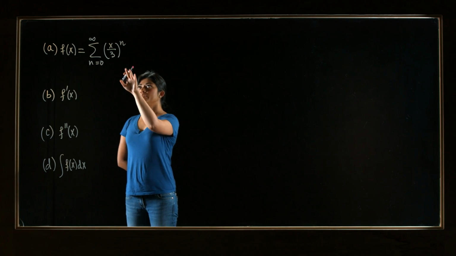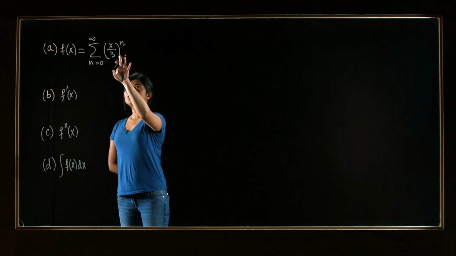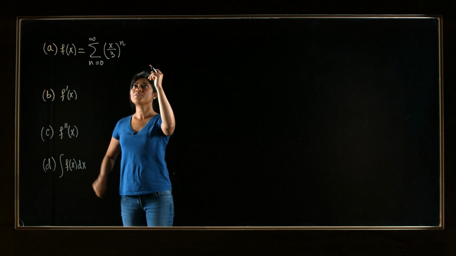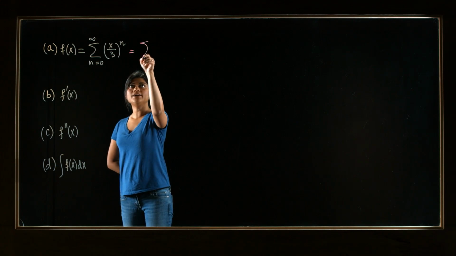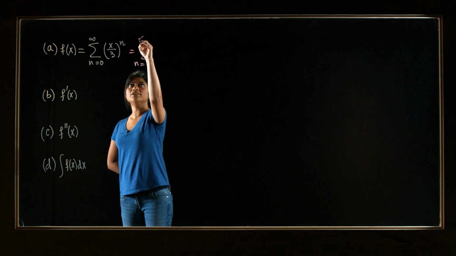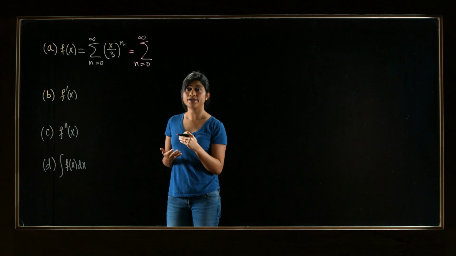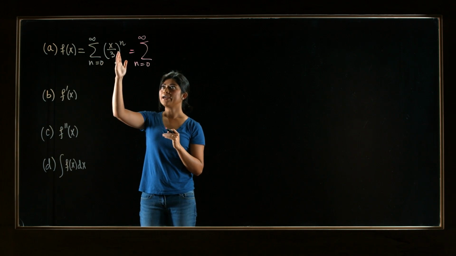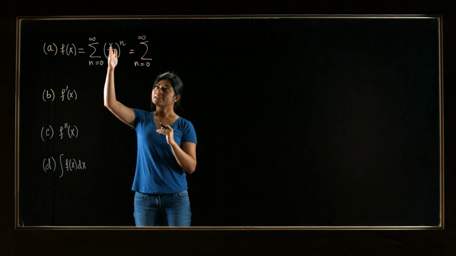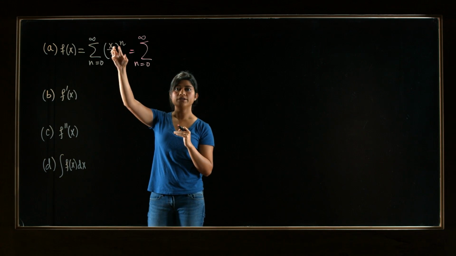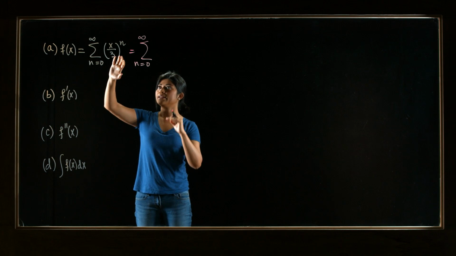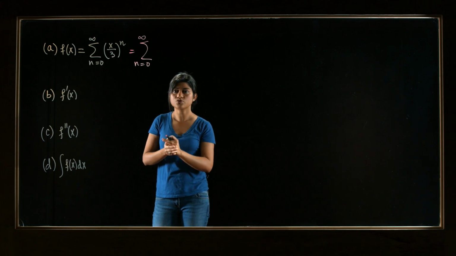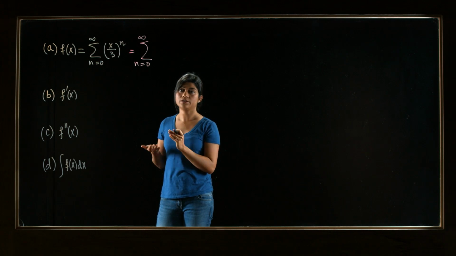So notice that this function is written in a compact form, x over 3 to the n. It's probably not a bad idea to rewrite the expression a little bit, and you will see later why it'll be helpful. I want to rewrite it in such a way that I can extract the x component out, and then write it in the general form of a power series, so I can see the center of the series nicely.